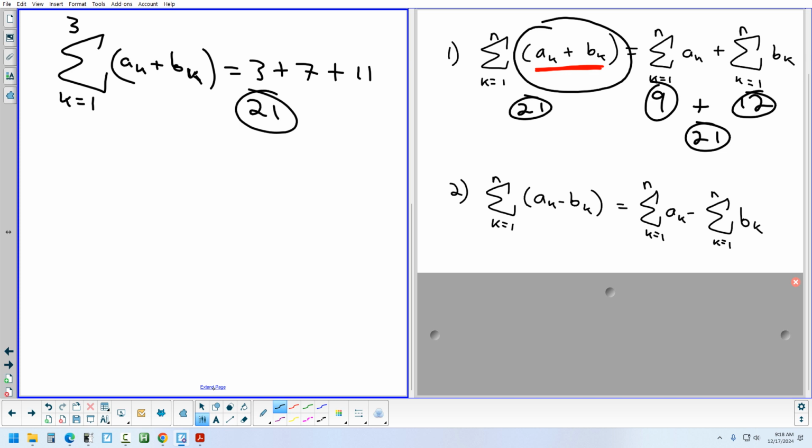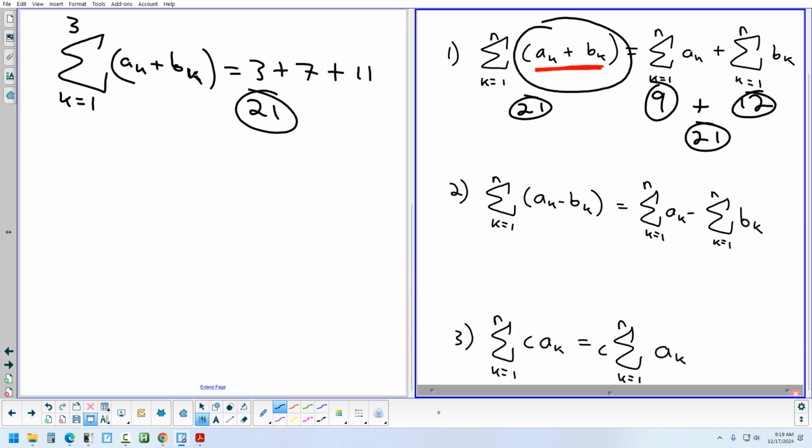So property 1 has to do with addition. Property 2 has to do with how do you subtract one sequence from another sequence. And property 3 is how do you multiply every number in a sequence by a value.